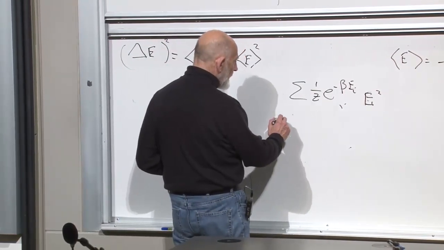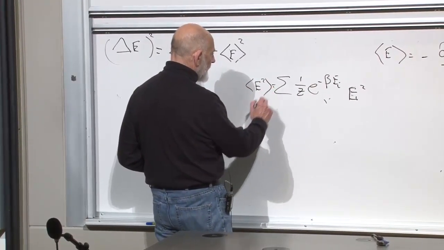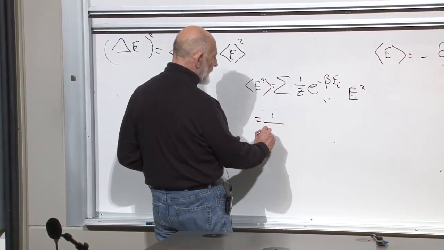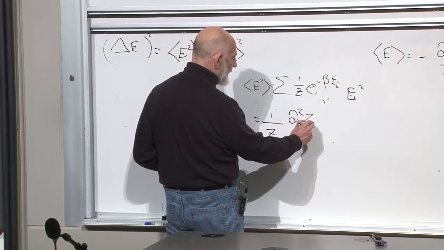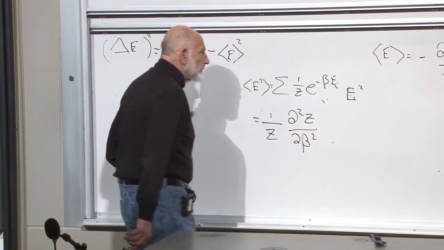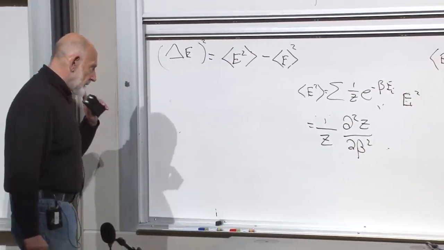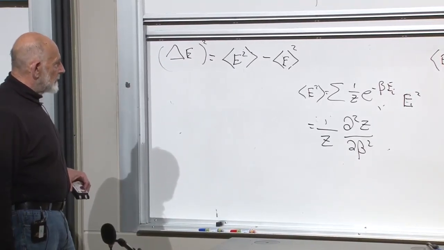So this is the average of the squared energy, and that's equal to 1 over Z times the second derivative of Z with respect to beta squared. Do I have that right? Looks good, huh?